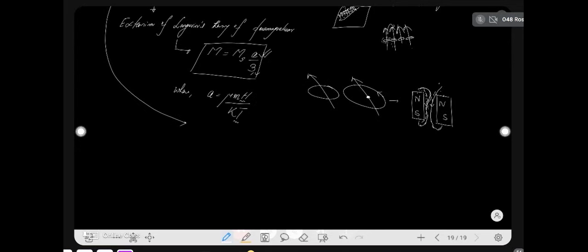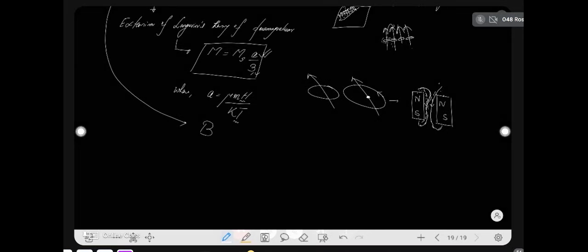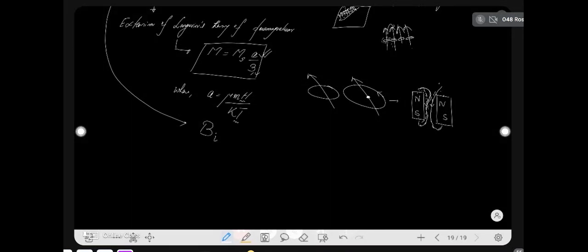This internal field is responsible for the magnetization, for the strong coupling of the magnetic moments. This internal field Bi is proportional to the magnetization of the material, it is dependent upon the nature of the material, for example iron and nickel.